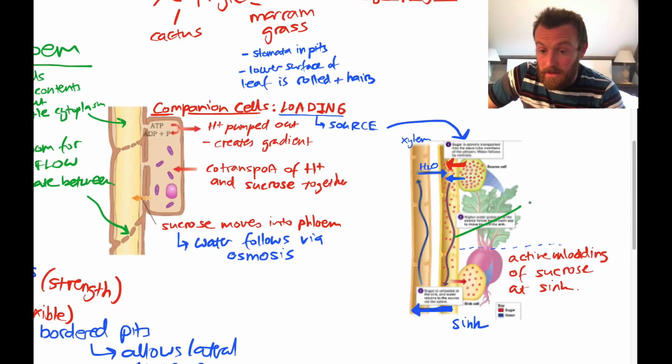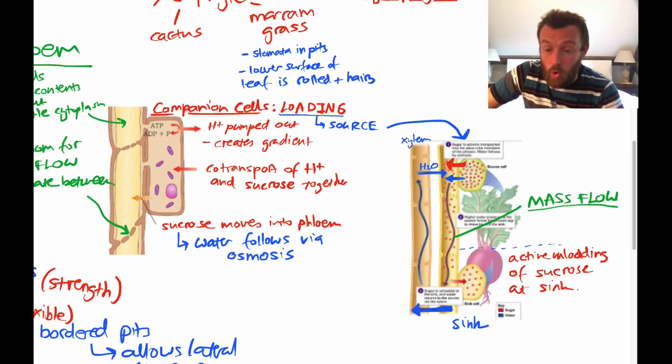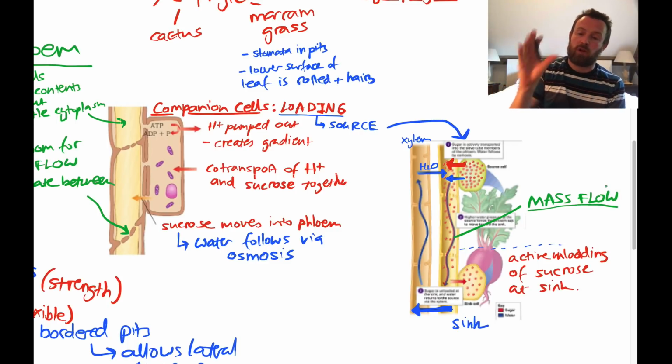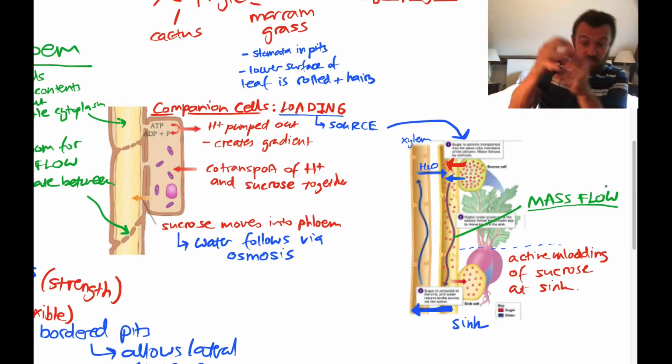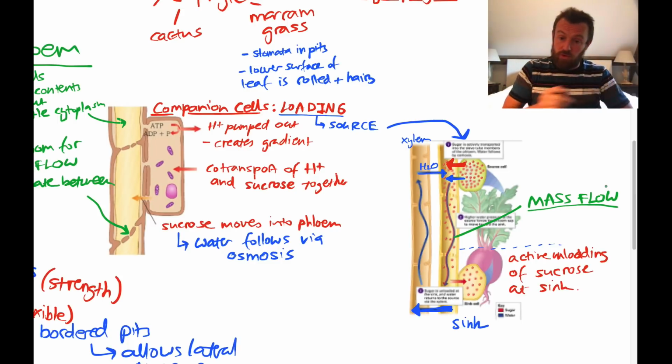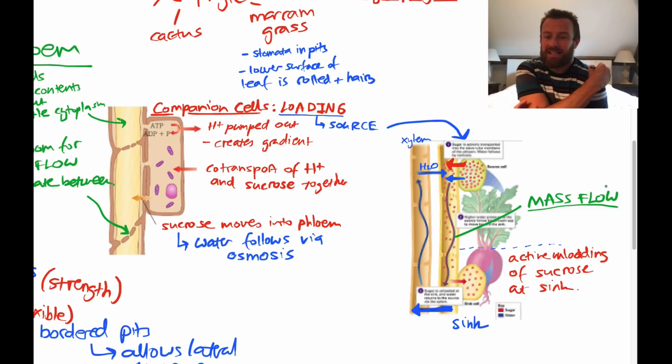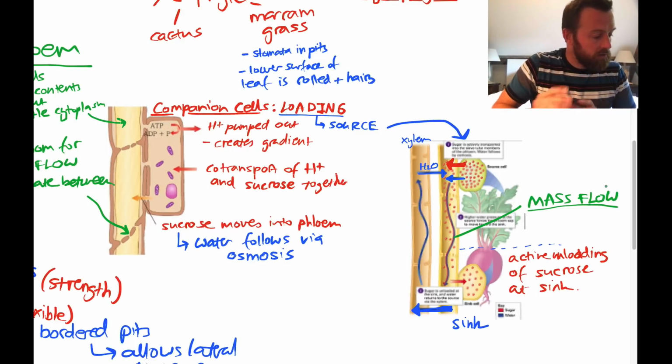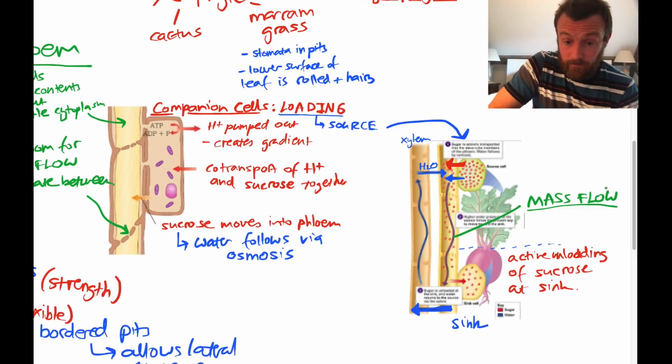I'm going to label that mass flow, caused by the water pressure, so the water going in at the source and coming out at the sink, which is also caused by the sugar. Okay, so that's the phloem. All right, so I think we've looked at everything there.